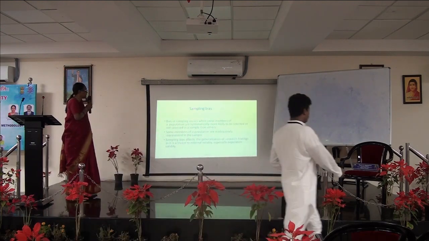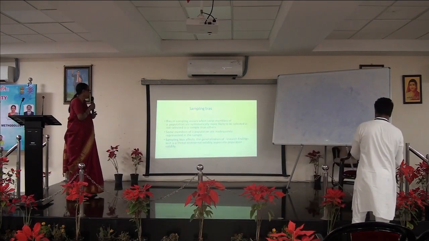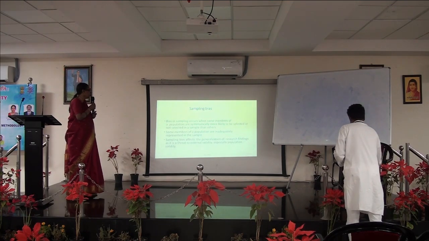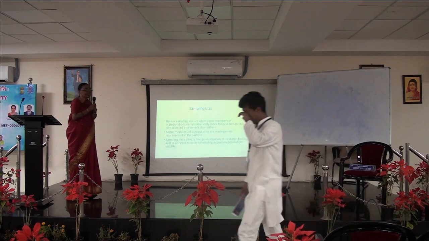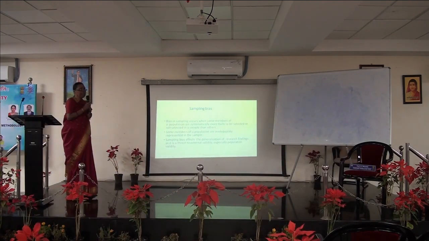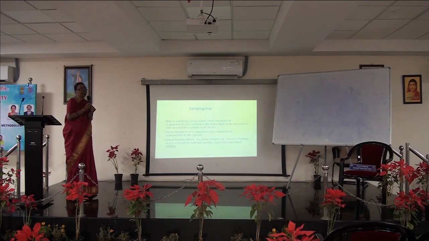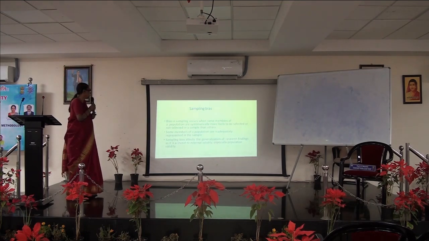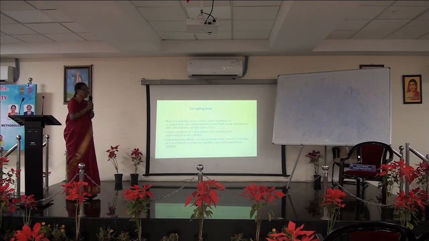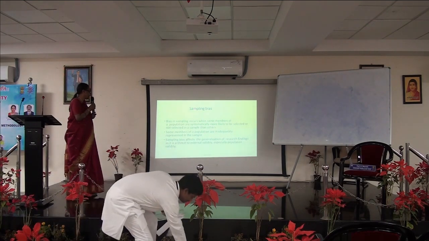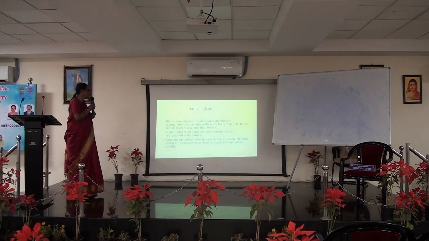Bias in sampling error occurs when some members of a population are systematically more likely to be selected or not selected in a sample than others. That is, in sample selection, all the units should have an equal chance for inclusion. Some members of a population are inadequately represented in the sample. Sampling bias affects the generalization of research findings as it is a threat to external validity, especially population validity.